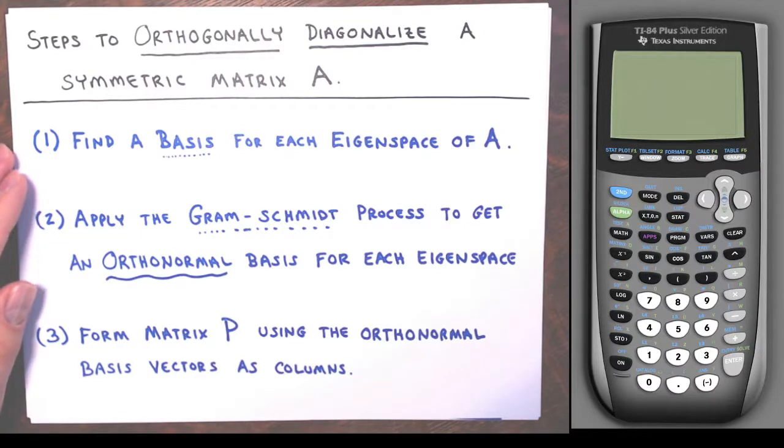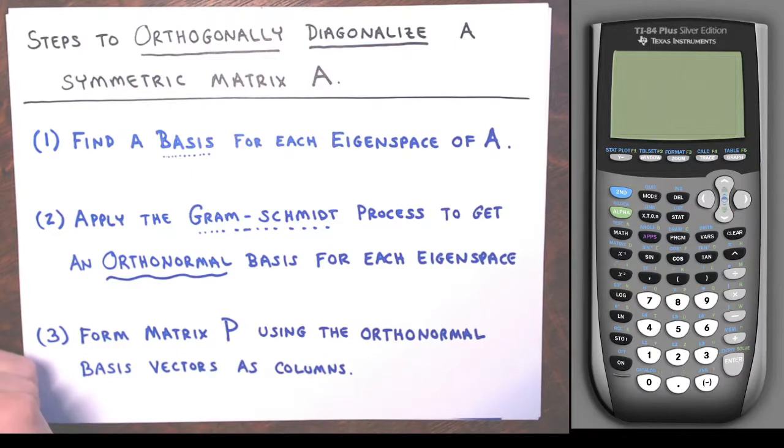And you'll have constructed an orthogonal matrix P such that P transpose times A times P will be equal to a diagonal matrix D. And what you're going to notice, just like with regular diagonalization, is that the diagonal matrix D will have down its main diagonal the eigenvalues of A, in the same order that you put these orthonormal basis vectors. And again, we're going to see that in our examples.